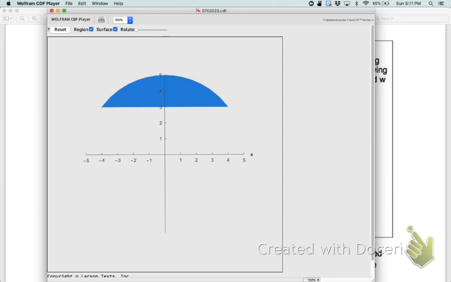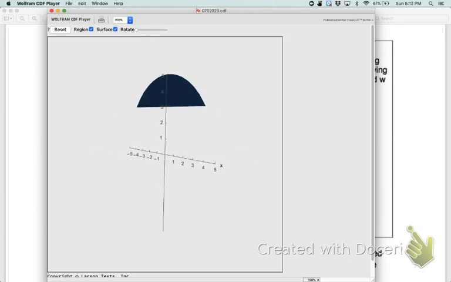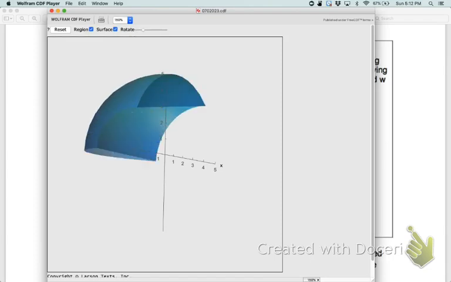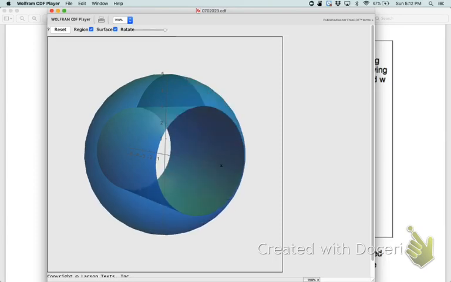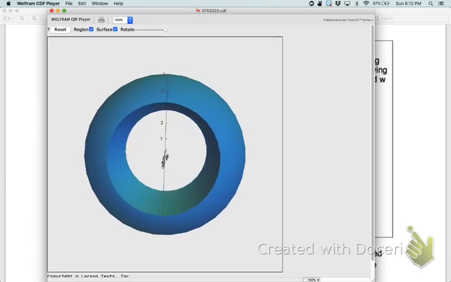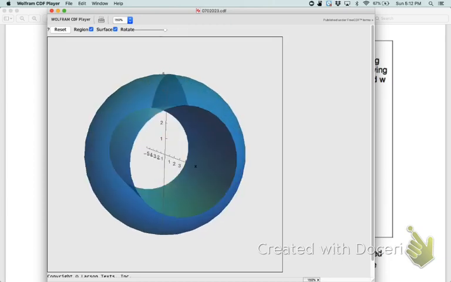So let me turn this sideways so we can see what is happening here. When we rotate this, you can see how it's tracing out this circular shape, but it almost is like a bead, those wooden beads that you make necklaces with when you're a little kid. We have this thing that has a tube missing from the inside of it, essentially.